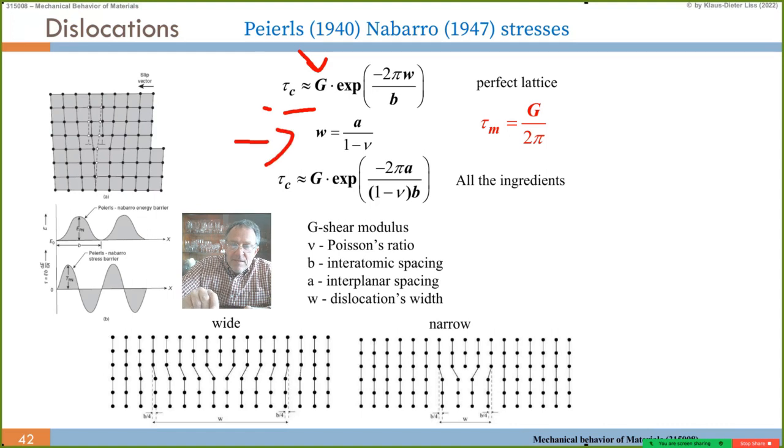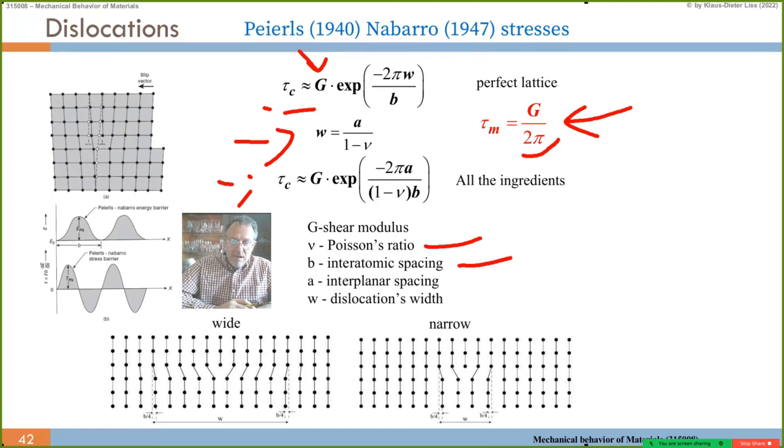W is given by a over 1 minus nu, so nu is the Poisson's ratio. In the perfect lattice, the tau is G over 2 pi, and we put everything together, then tau c is approximately G times exponential of minus 2 pi a over (1 minus nu) times b.